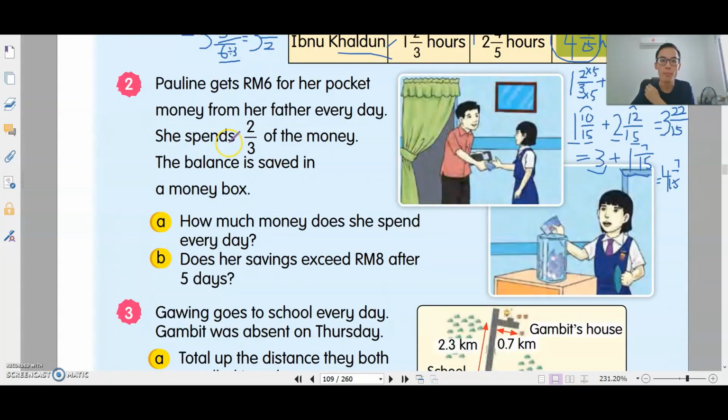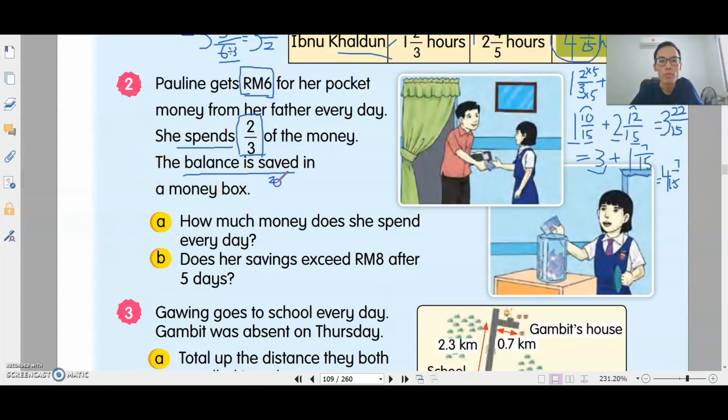Number 2. Pauline gets 6 ringgit for her pocket money every day. She spends 2/3 of the money. The balance is saved. How much money does she spend every day? So you need to find the amount she spends. The question tells us she spent 2/3 out of the 6 ringgit pocket money.